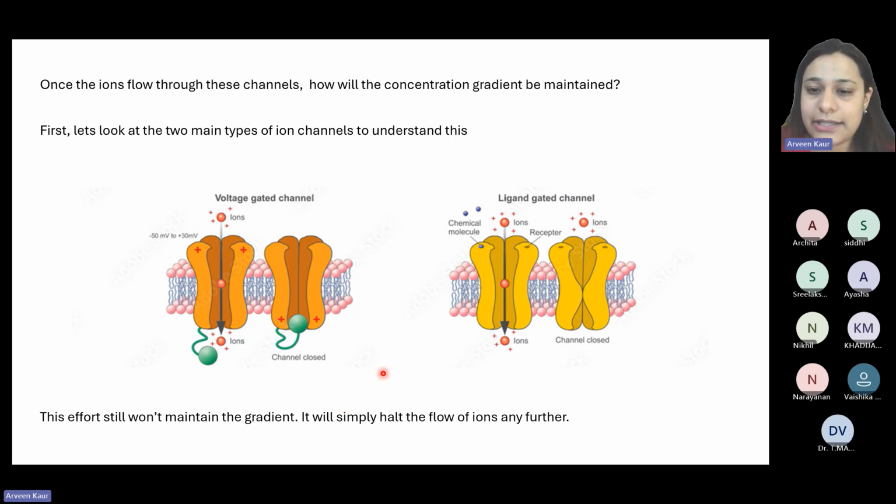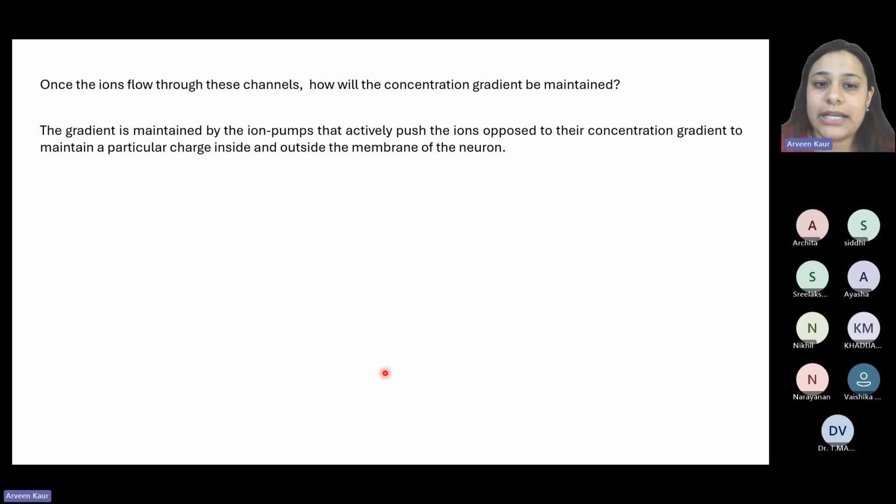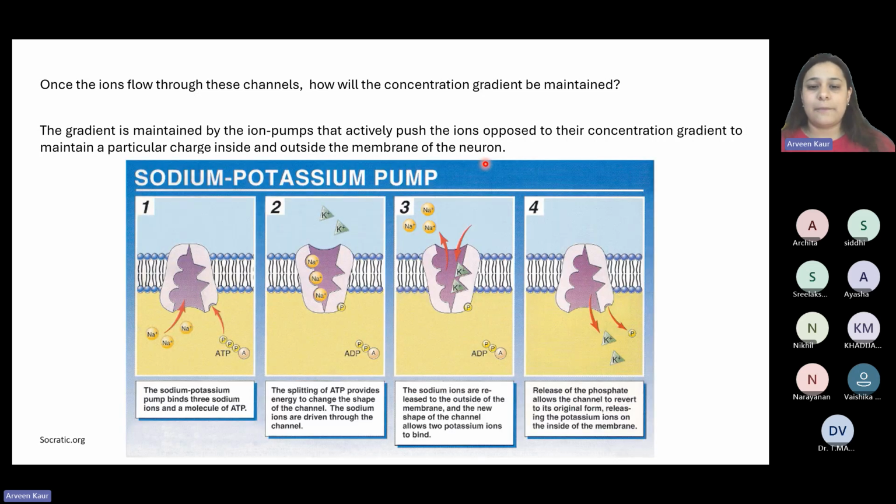Now, to maintain the gradient, what do they have to do? It will be maintained by ion pumps that will actively push the ions against their concentration gradient to maintain a particular charge inside and outside the membrane of the neuron, right? This is the same figure that I discussed earlier in the PYQ session also, so I'm not going to go into detail of this.